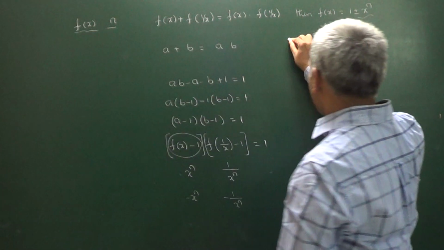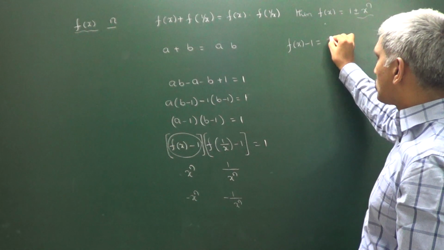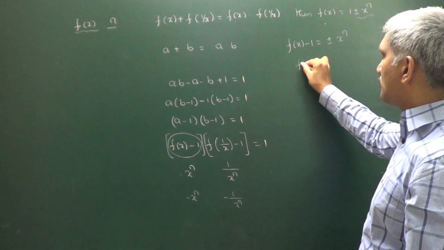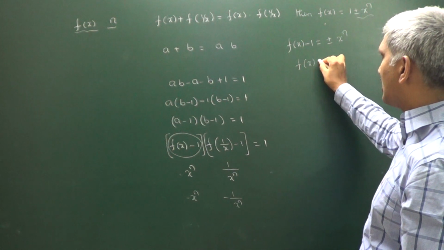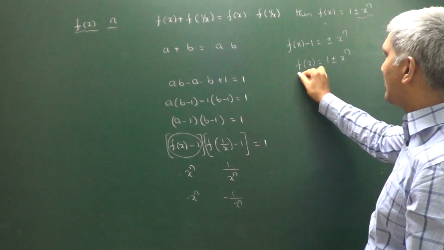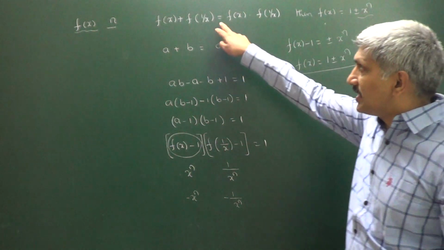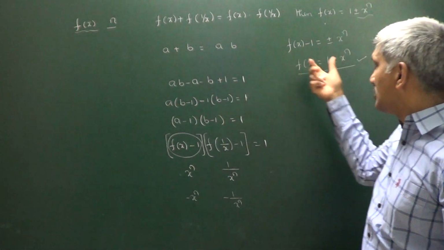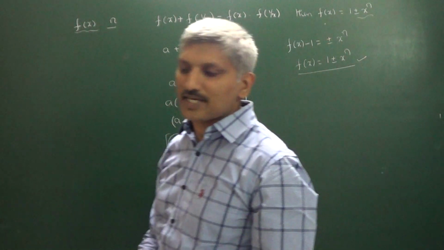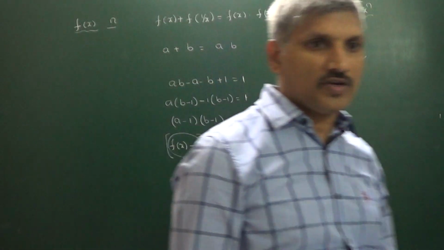So that's why we can write f(x) − 1 = ±x^n. So from this we can write f(x) = 1 ± x^n. So if the functional equation satisfies this condition, then that function is f(x) = 1 + x^n or 1 − x^n.